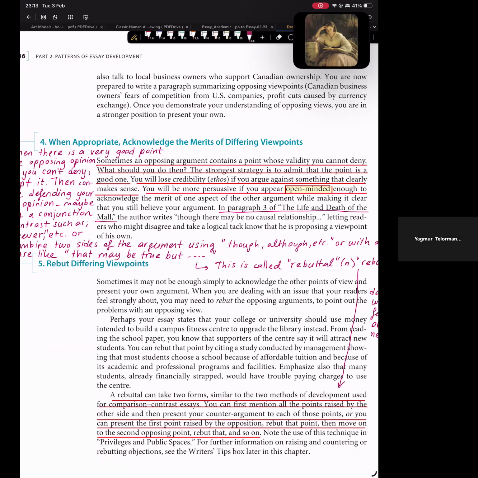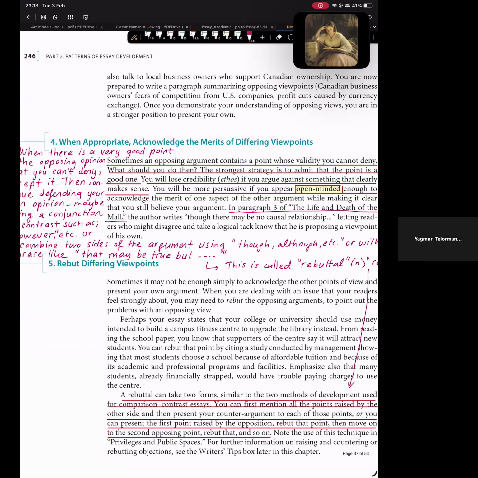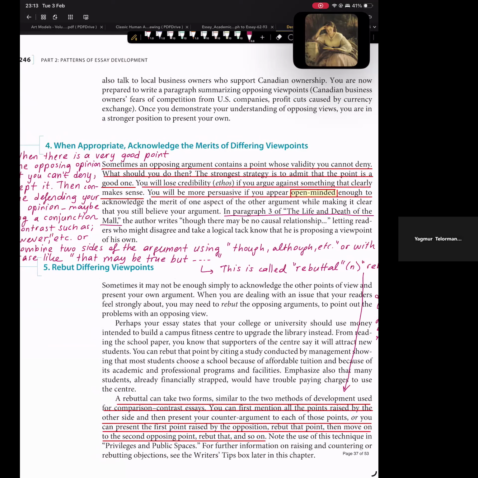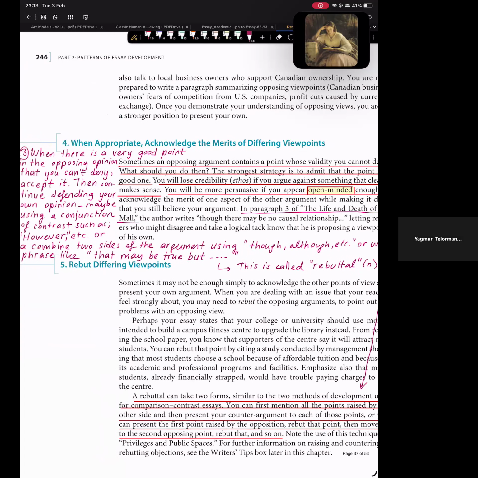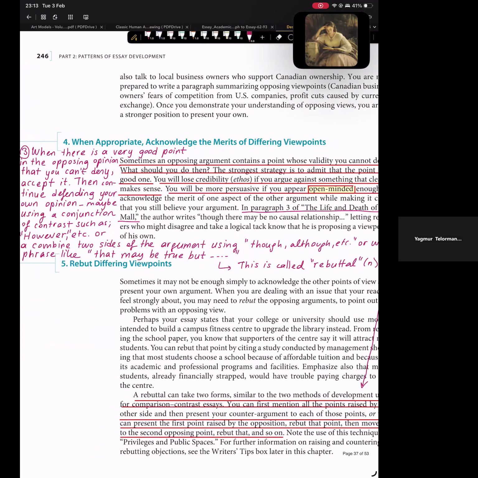If you completely deny that good point for the sake of defending your own point of view, it may make you sound not so believable. All right. So that's why we need to accept that opinion. We will also appear more open-minded, and it will actually be good for our credibility.